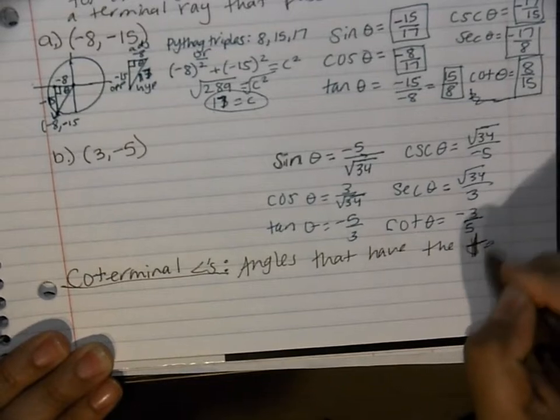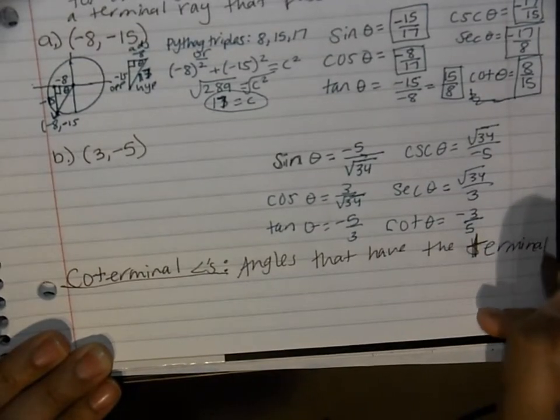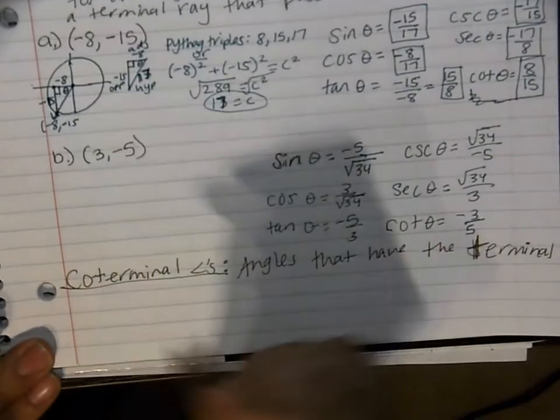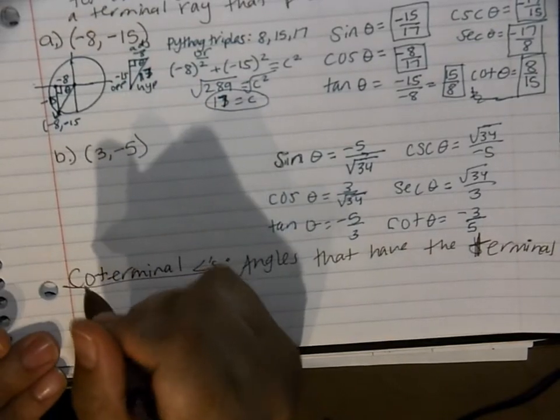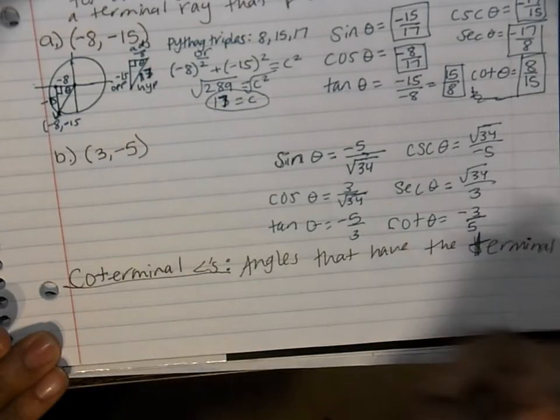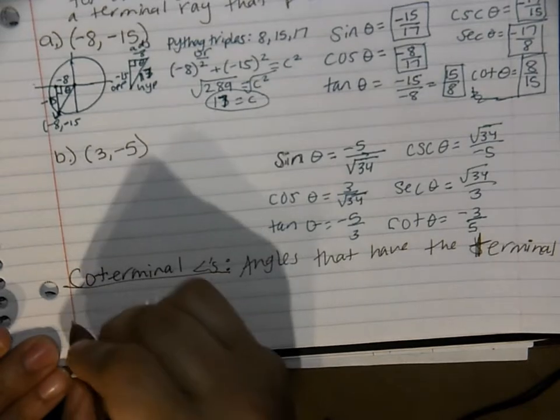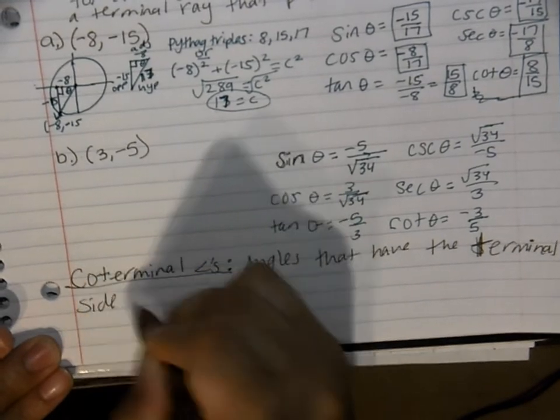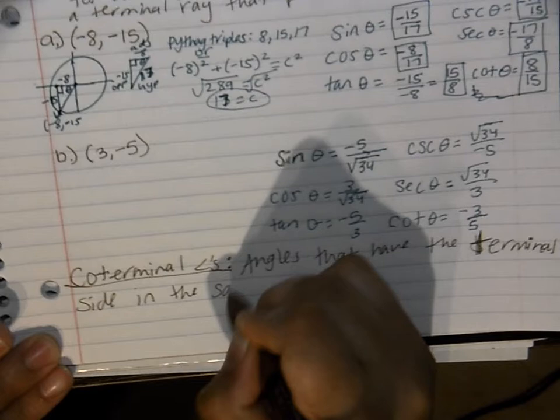Remember, the terminal side is where your angle ends when you're drawing on the unit circle, from where it starts at the initial x-axis and then where it ends. So angles that have the terminal side in the same location.